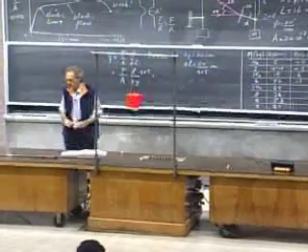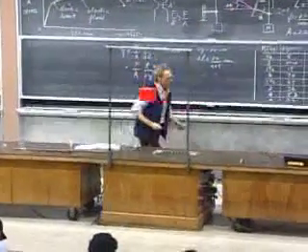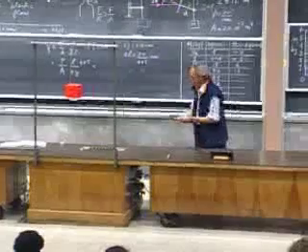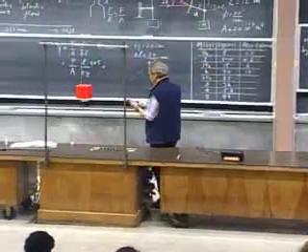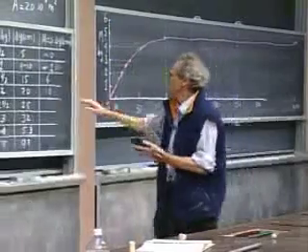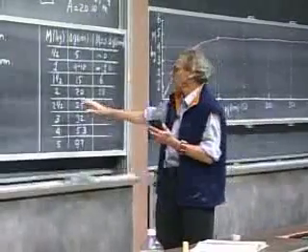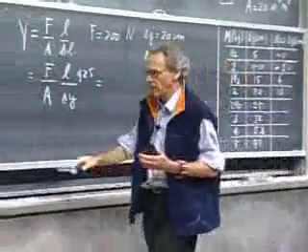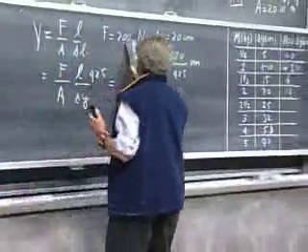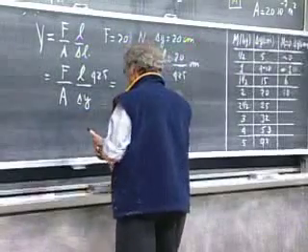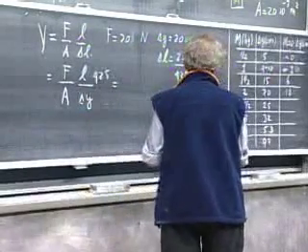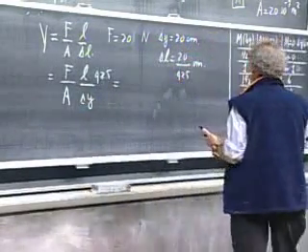And let's see what that is. So F is 200. That's right. No, F is 20. Ooh. I'm glad that we caught that simultaneously. So F is 20 newtons. That's right.